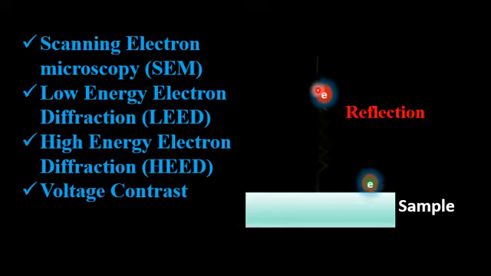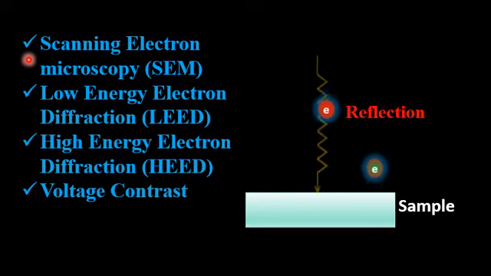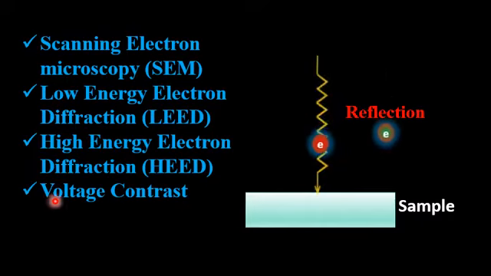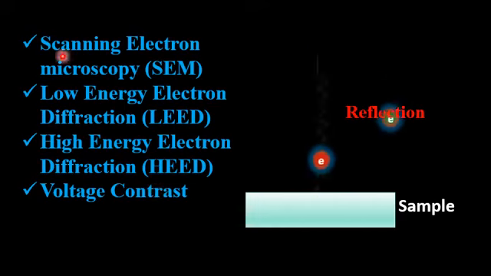So all these techniques, scanning electron microscopy, which is a core of material science and engineering, low energy electron diffraction and high energy electron diffraction, which are a core of the semiconducting industry, and similarly voltage contrast techniques, are all based on a reflection of a secondary electron from a matter surface.